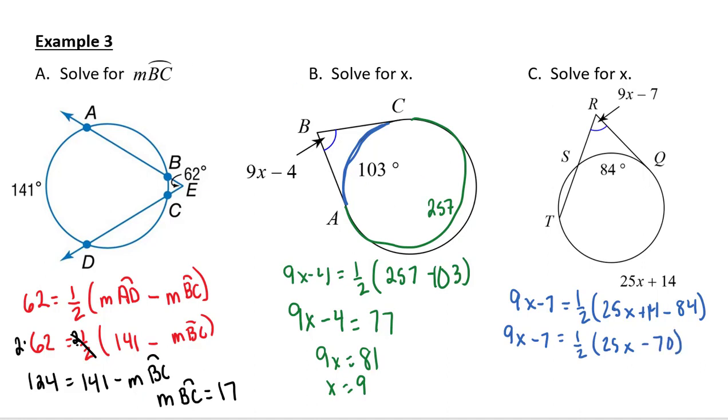Again, I'm going to multiply this whole side by 2 to get 18x minus 14 is equal to 25x minus 70. I get 7x equals 56. So I subtracted the 18x over, added the 70 over, and we get x to be 8.